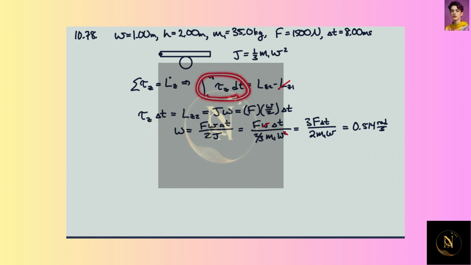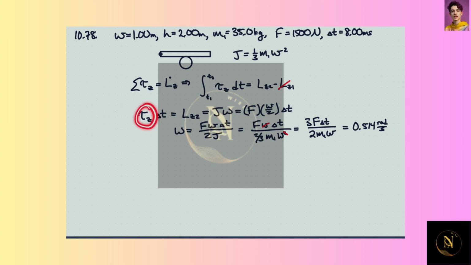So doing this integral is basically the same, assuming that this is a constant. And we know the angular momentum of the door initially is 0, so that goes away. And so in the final state, it is just j times whatever its angular velocity is. That's what we're looking for.